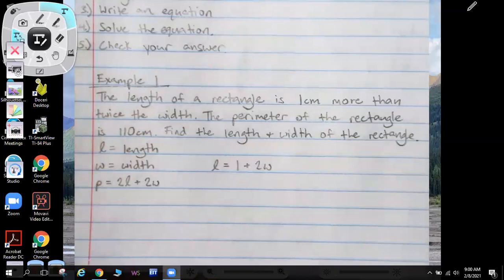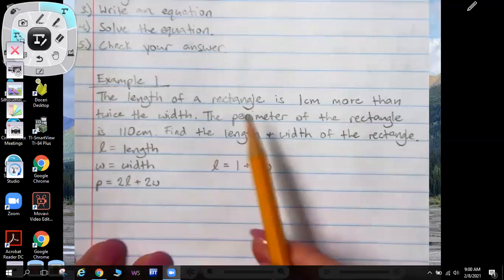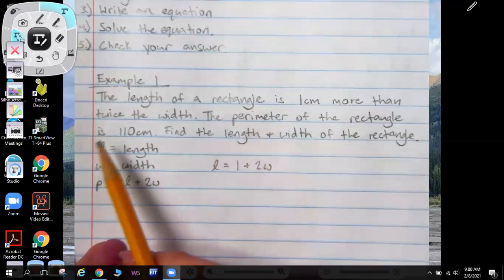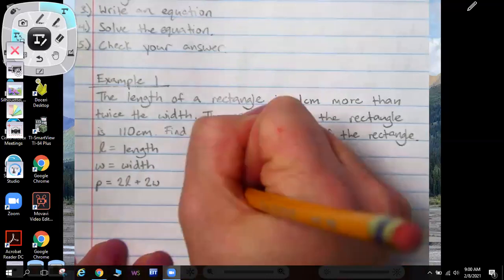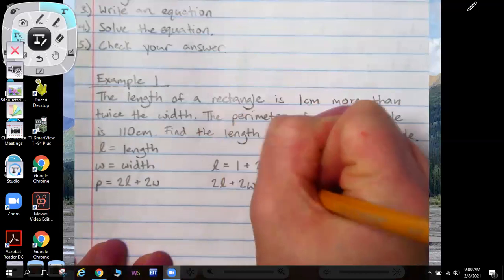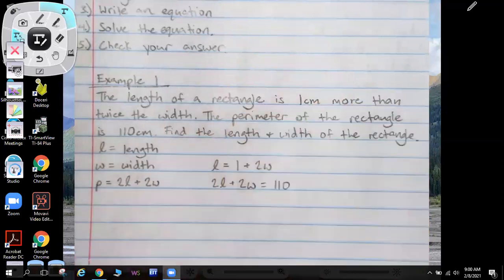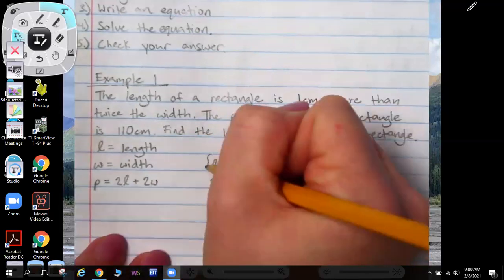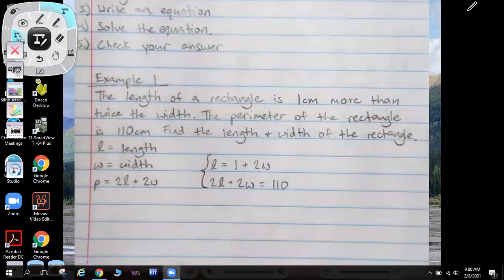So our perimeter can be written as 2L plus 2W. So when it tells us that the perimeter of the rectangle is 110 centimeters, we can say 2L plus 2W equals 110. And now we have a system of equations that we can solve.